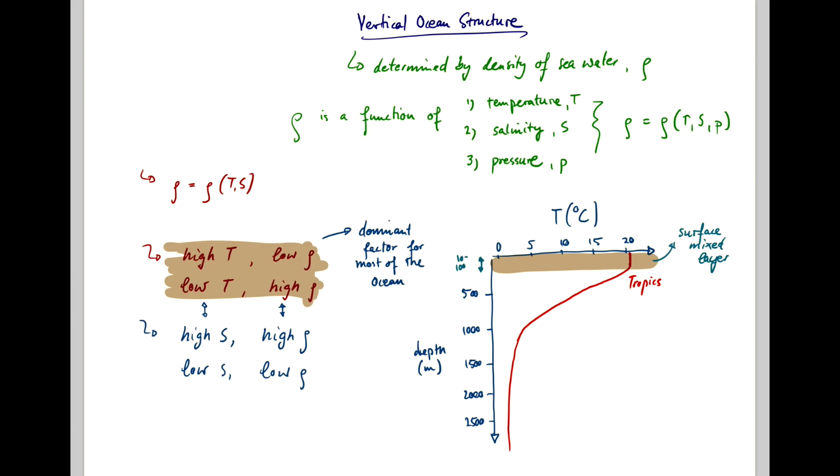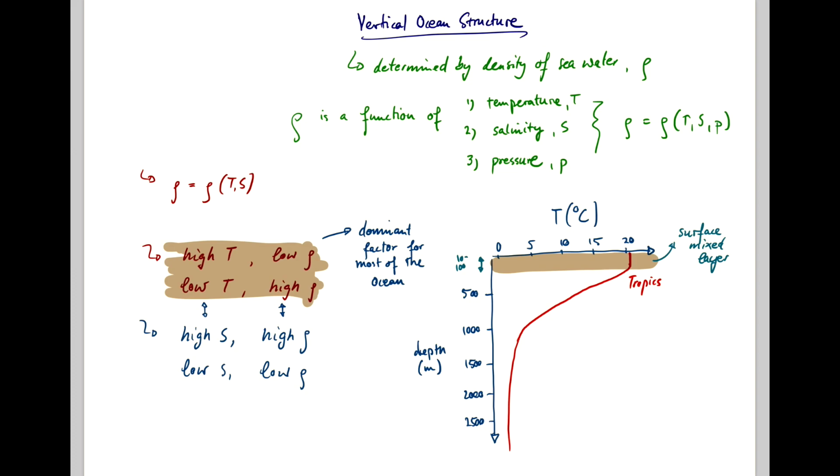Now, in high latitudes, it's much colder in general. The atmosphere is much colder as well. And so you also have a lot of ice floating on the top of the ocean in many cases, which additionally keeps the surface cold.